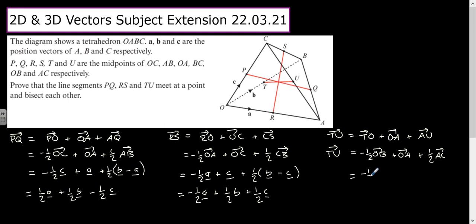So we've got minus 1/2 b plus a plus 1/2, and then from A to C, that vector AC is just minus a plus c, or c minus a.